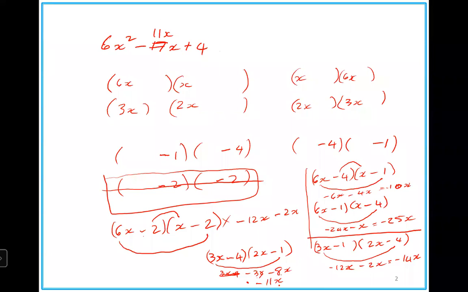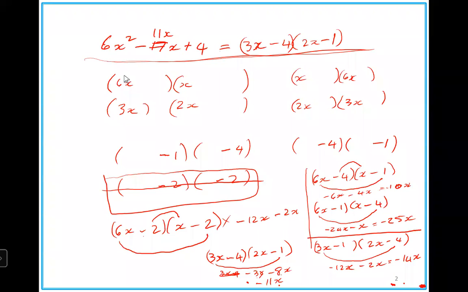So that should be equal then to 3x minus 4 times 2x minus 1. Okay. So basically it's a bit of trial and error that we're going to use. We definitely know what combinations will give us the first term, and what combinations will give us the last.